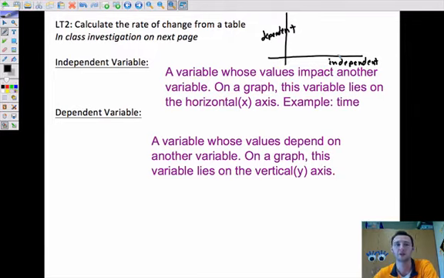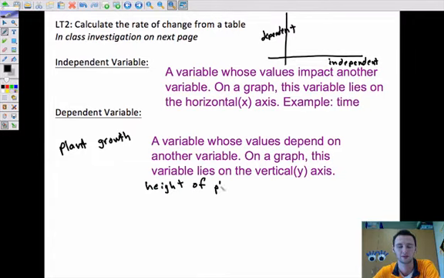So if you're doing a study on plant growth and you're studying how tall it gets, the dependent variable would be the height of the plant, and an independent variable could be how much you water it, or how much sunlight you give it.